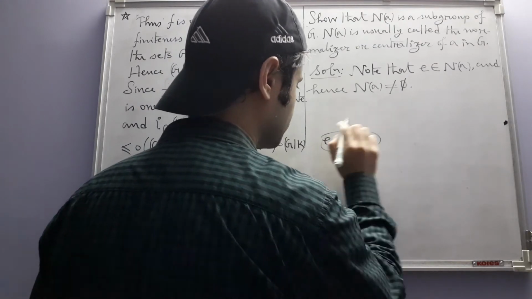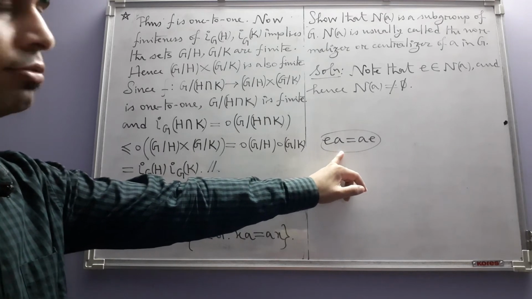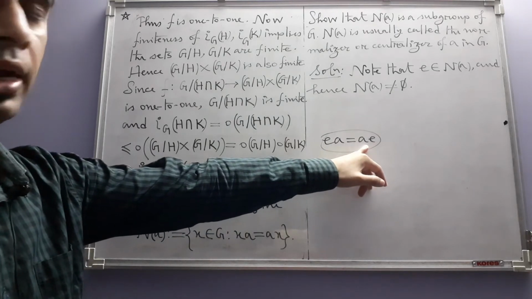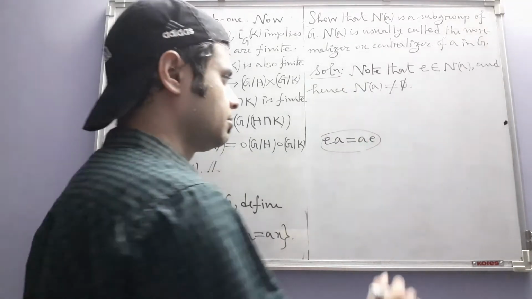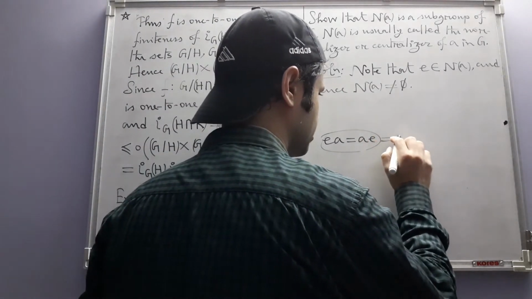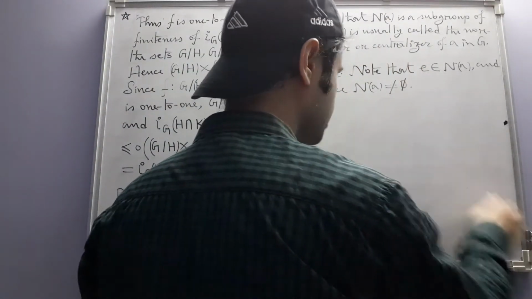This we get from the definition of a group itself, where we have that axiom that says that there is an identity element. That axiom tells us that both of these products should be equal to a. So that's how N(a) is non-empty.